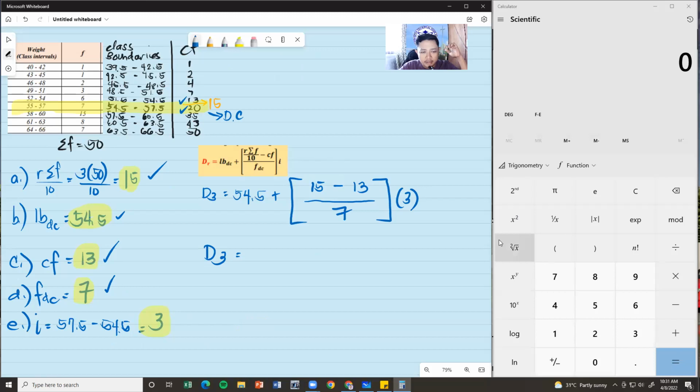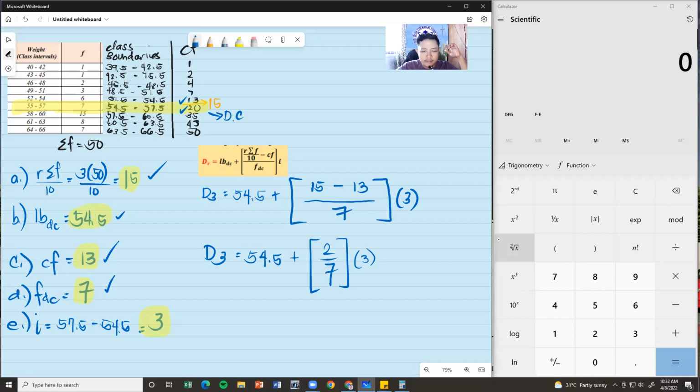Of course, some might be confused with the process of solving this, but actually this is just easy. To continue with the process, we have here 54.5 plus, in here, 15 minus 13, that's 2, over 7 times 3.